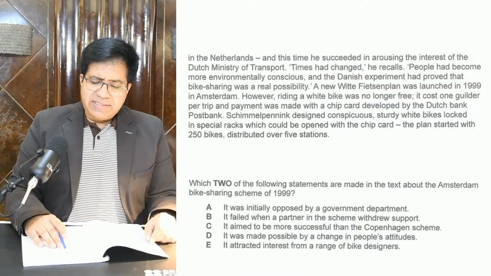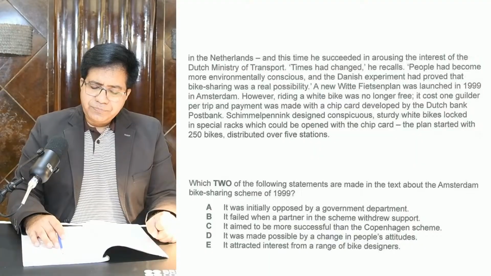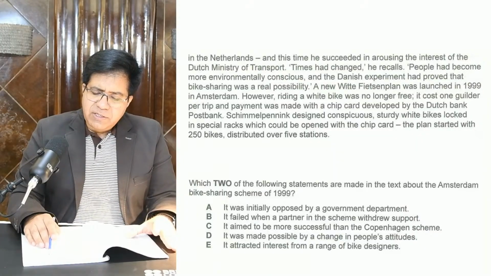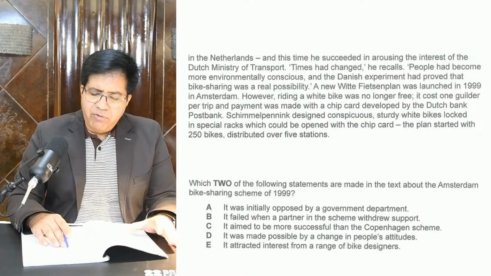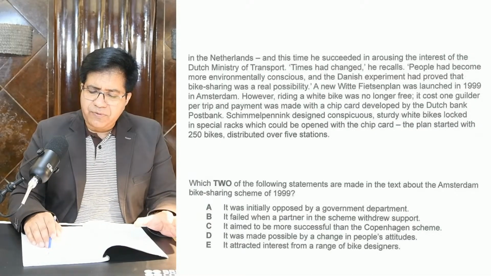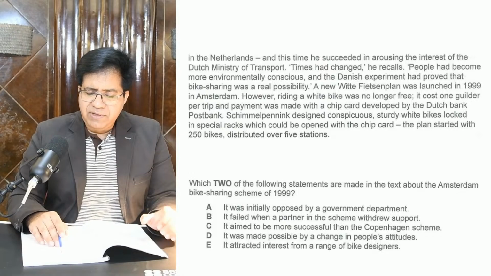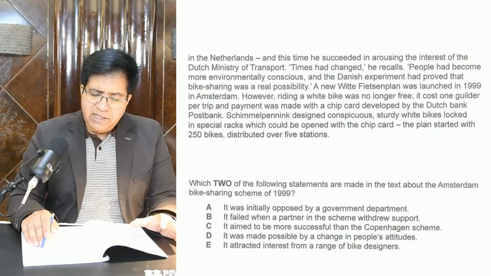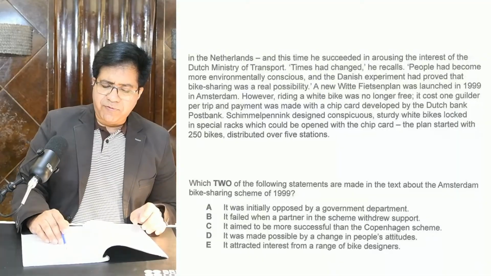Okay, I'm reading the same paragraph from the 4th line onwards. So, a new Witte Fietsenplan was launched in 1999 in Amsterdam. However, riding a white bike was no longer free. It cost 1 guilder per trip, and payment was made with a chip card developed by the Dutch bank and all that. And then they had 250 bikes distributed over 5 stations.